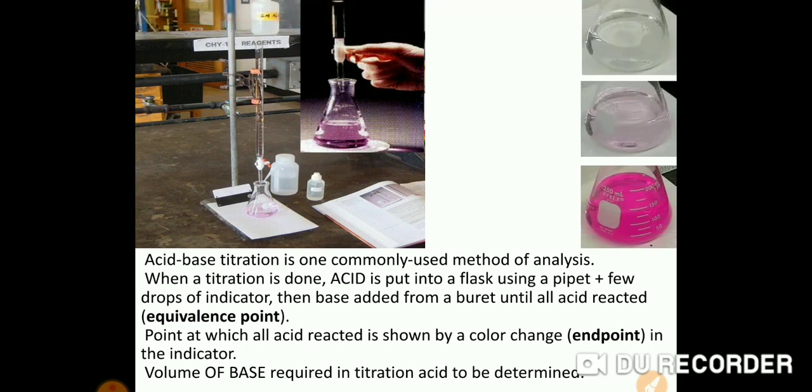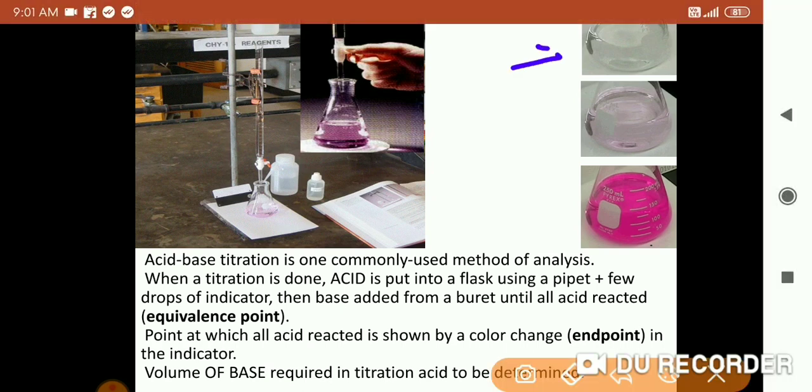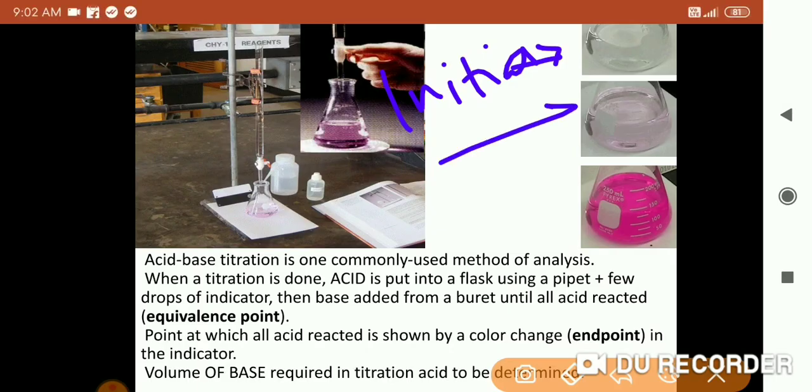You can see this is the beginning, the initial solution, and then when we started addition of base, you can see a faint pink solution, and then at the end point you can see the color has changed to pink.